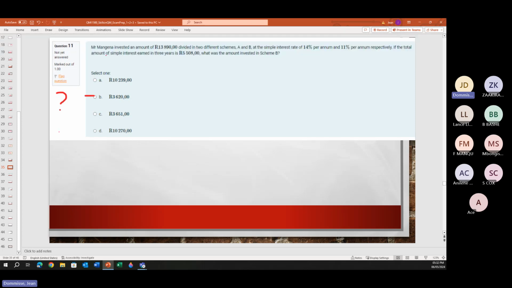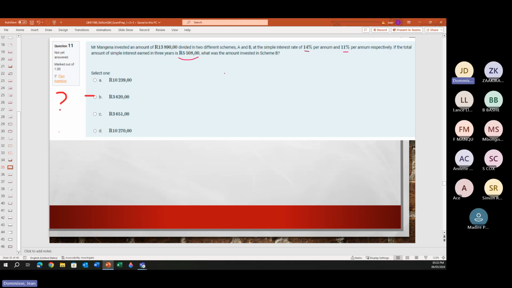Mr. Mangena invested an amount of 13,890 divided into two different schemes, A and B, at a simple interest rate of 14% per annum and 11% per annum, respectively. If the total amount of simple interest earned in the 3 years is 5,508, what was the amount invested in scheme B?